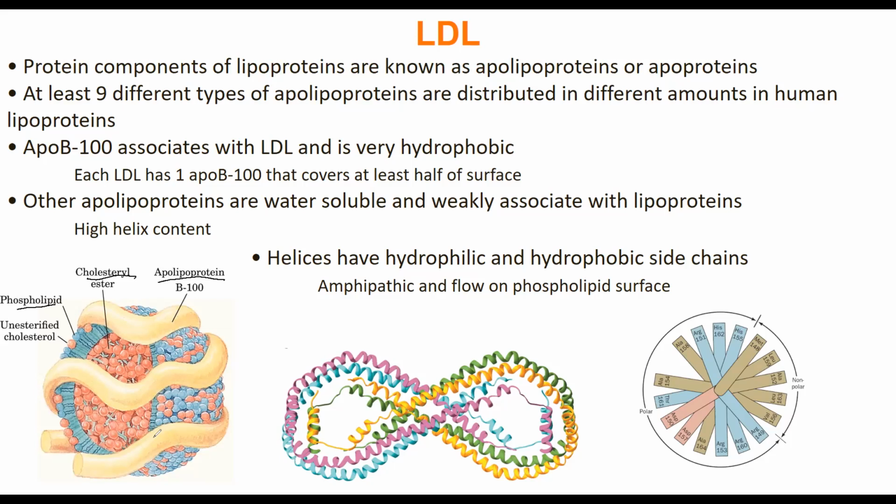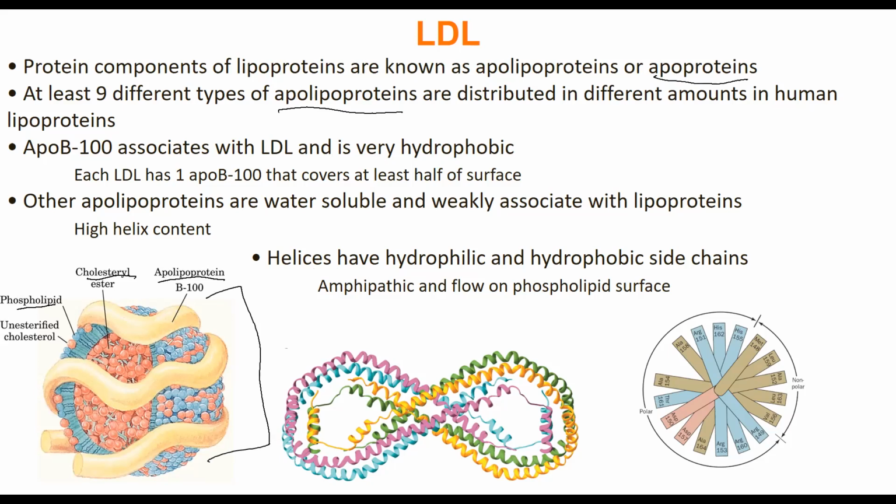Based on what lipoprotein you're talking about, you'll have a different apolipoprotein associated with it. I know that terminology gets really confusing, but when you talk about an apolipoprotein or apoprotein, that's just the protein part, and the lipoprotein is the whole complex.